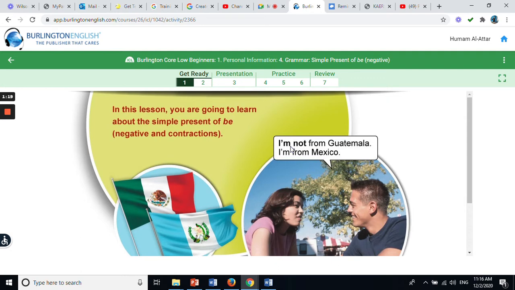We use are. Okay, and the same thing with we, they. These two pronouns are for plural, and we use are with them. So today we're going to talk about the negative form of verb to be.